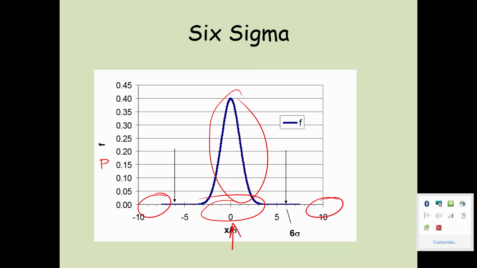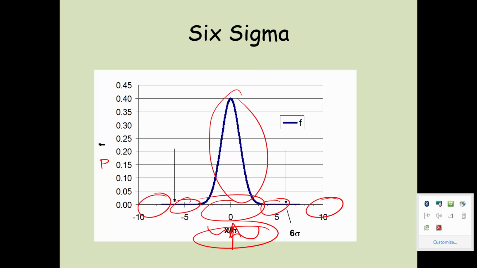Let's say the size of the product, or maybe the weight of the product, the functioning of the product. And what we want to do is minimize the range over which the values of that characteristic occur. And Six Sigma essentially means that we want to maintain almost zero probability for values to occur on the tails of this distribution.